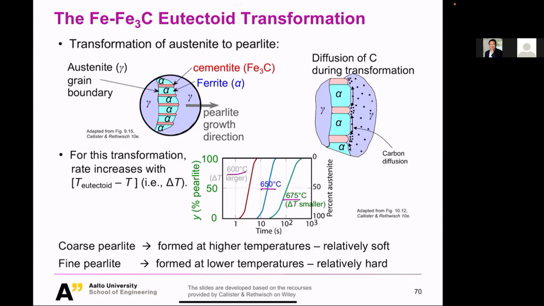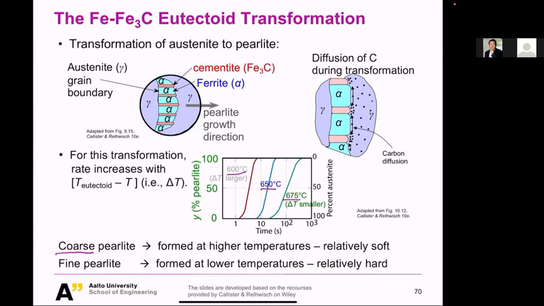But what you need to remember, and that was what I told you at the very beginning: if you have a lot of supercooling, remember what? You will have many nucleation points, and that will develop a fine pearlite. So relatively hard, right? Because the grain size is smaller. But when you go with a higher temperature, or rather small supercooling, you're going to get some coarse pearlite.